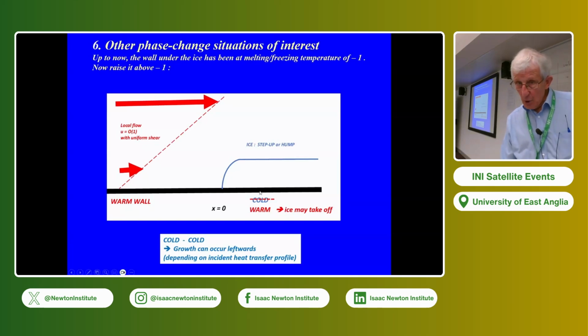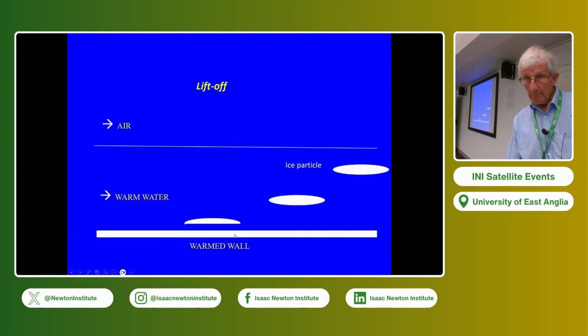What happens if the wall is, say, warm and then cold, is much more tricky. If we have cold wall and cold wall, then growth can occur leftwards. So this step of ice could move to the left along the wall. That's okay. If the ice does melt at the wall, then we've got this situation occurring.